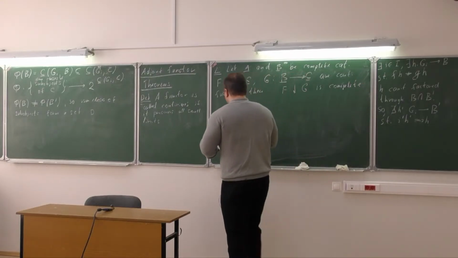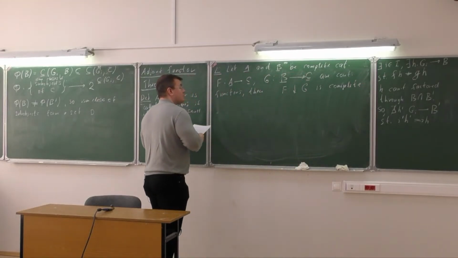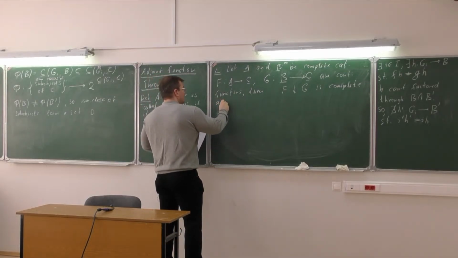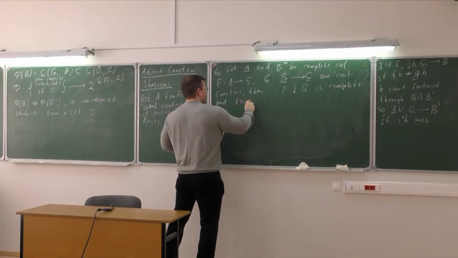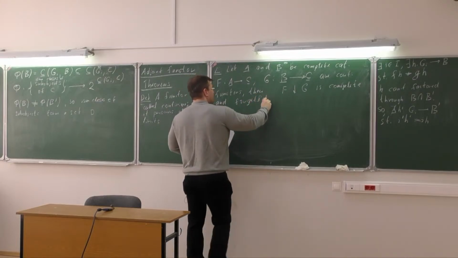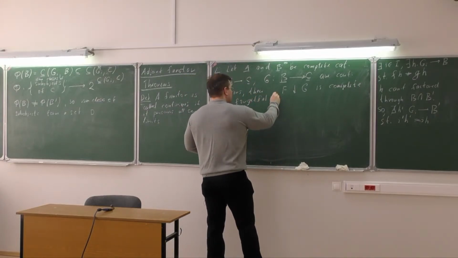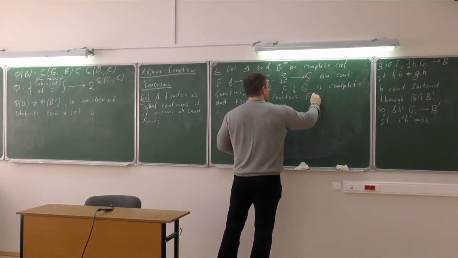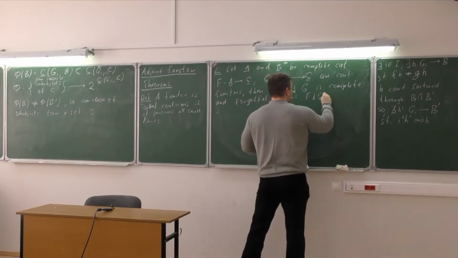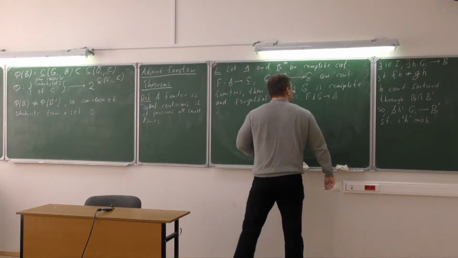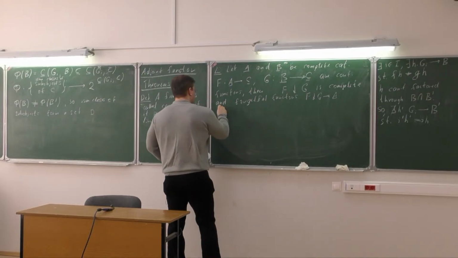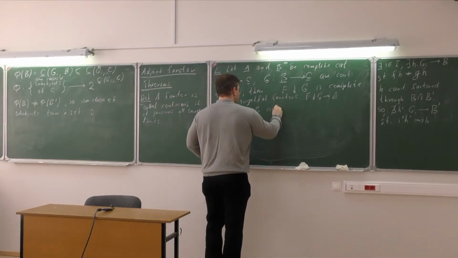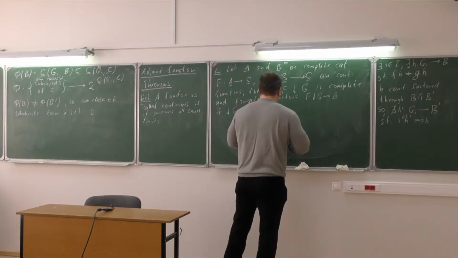And from the comma category, you have two projection functors or forgetful functors, from the comma category to A and from the comma category to B, are also continuous.